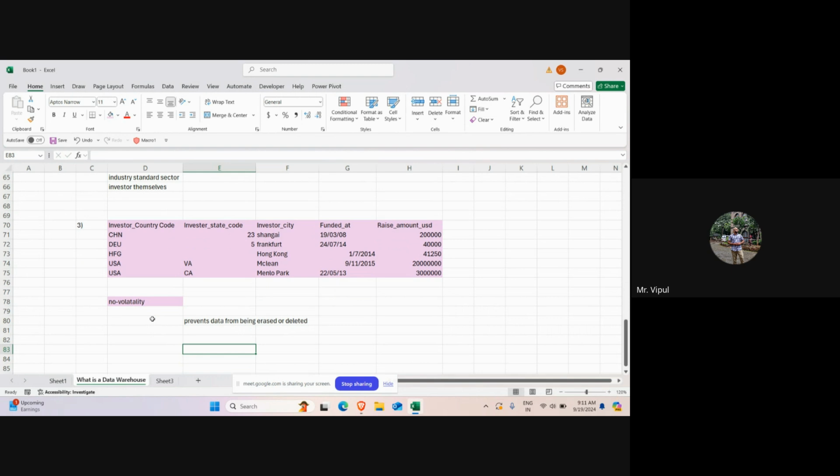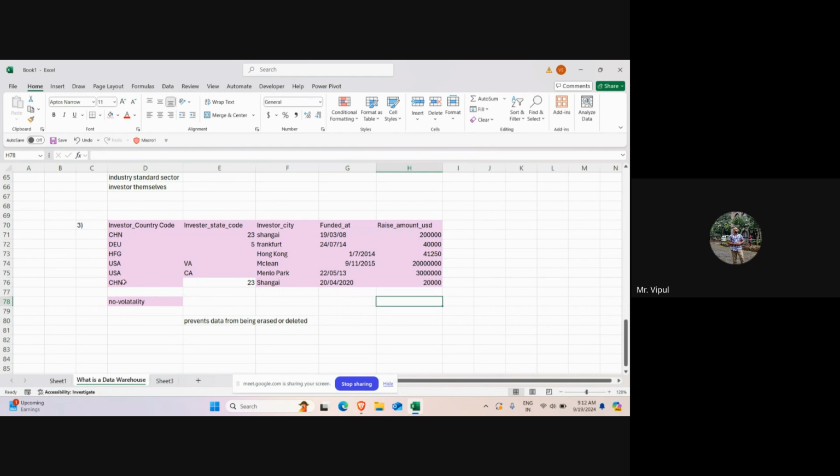That brings up the seemingly contradicting requirement that the data warehouse is time variant. We cannot keep modifying the figures. Suppose this investor has invested this amount on 19th of March 2008, we cannot keep modifying it. But if the same investor has invested another $20,000 in 2020, we cannot go here and modify this.